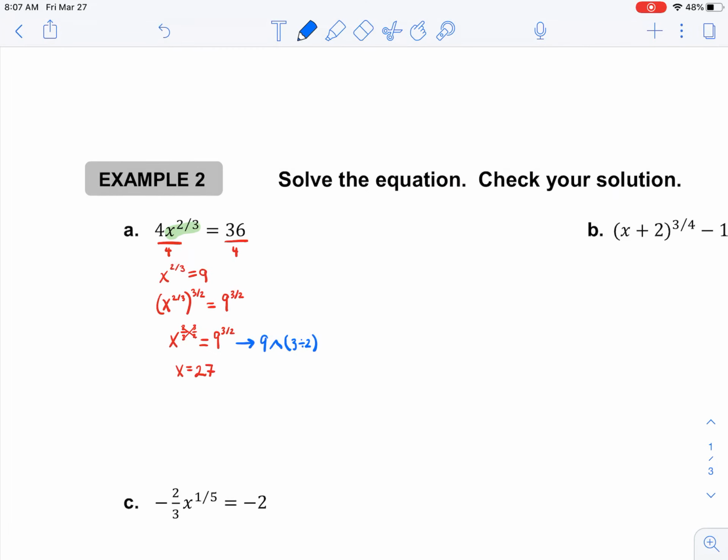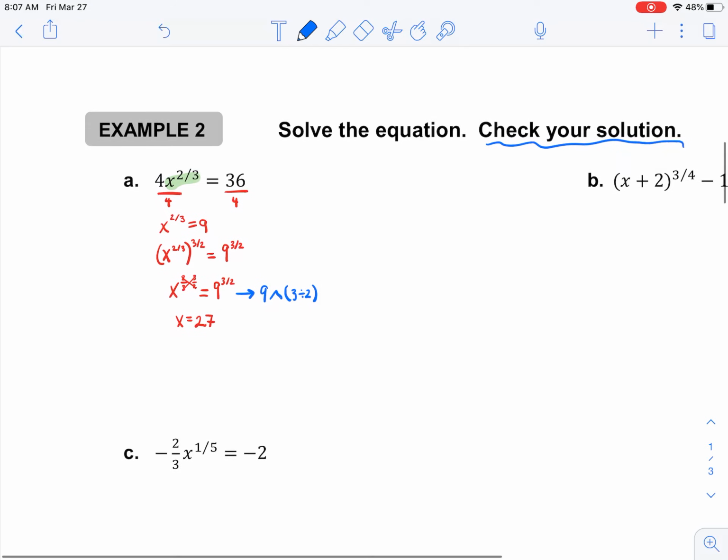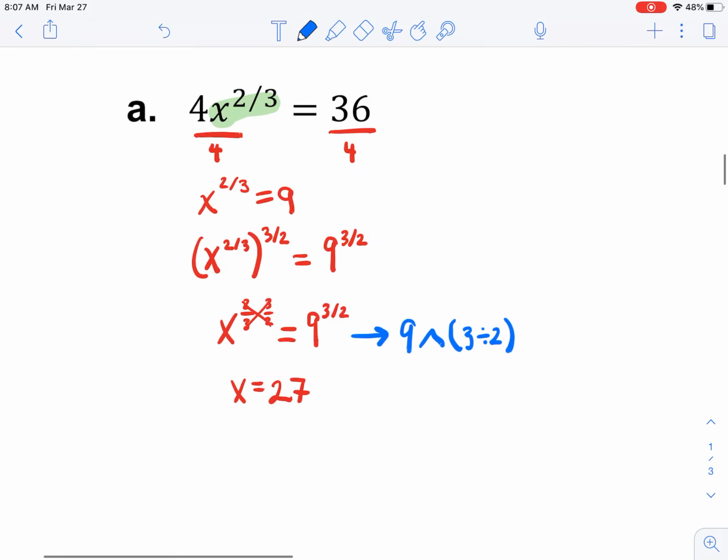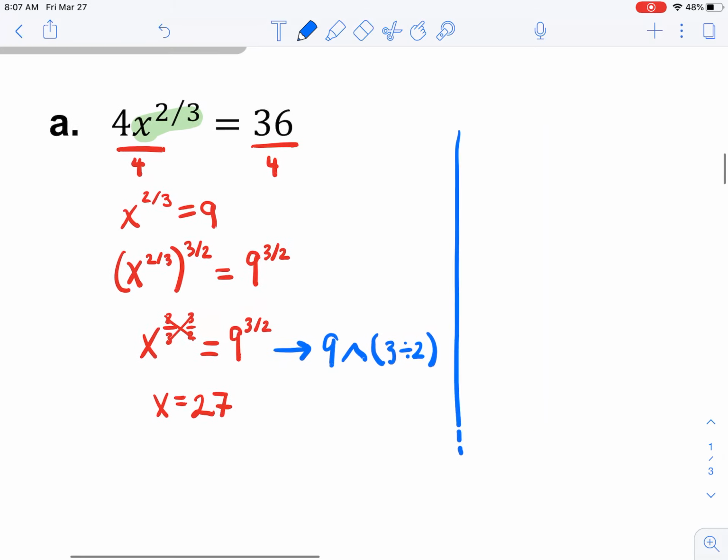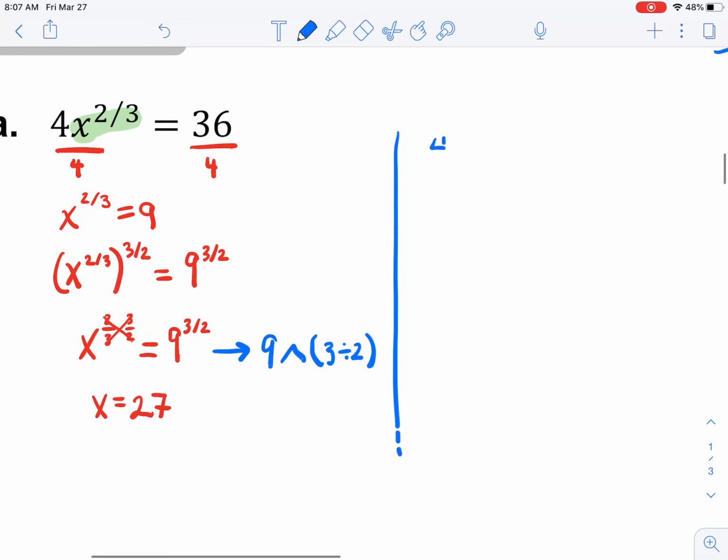It does want us to check the solution, so go ahead and check your solution still. So that means you're going to plug in to the original equation 4, and then instead of an x, you're going to type in 27 to the 2/3. Notice the 27 is the only thing being raised to the 2/3. The 4 is not being raised to the 2/3.